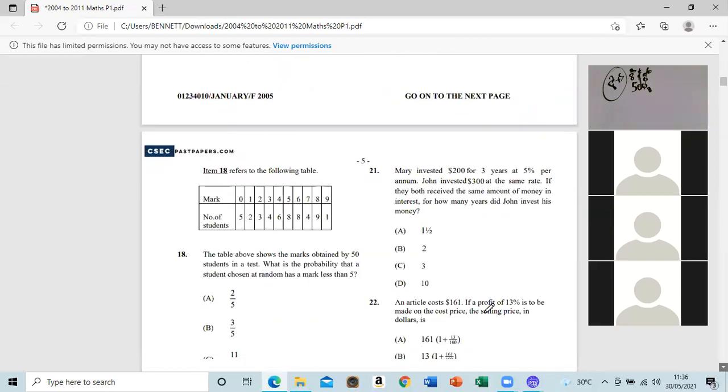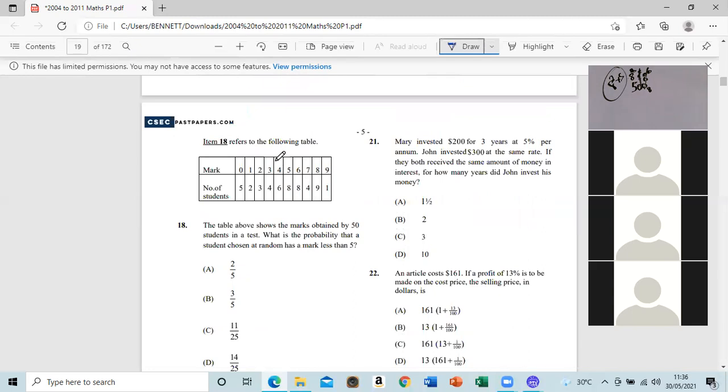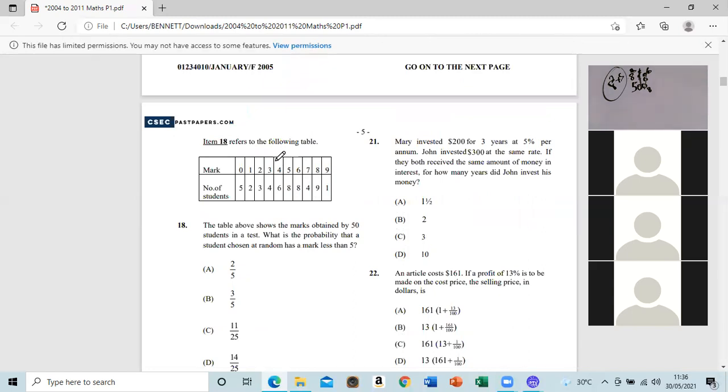Statistics now. All right, so look at the diagram. You refer to the table, right? The table above shows the marks obtained by 50 students in a test. So they give us the total, which is 50 students. What is the probability that a student chosen at random has a mark less than 5? First, we have to identify the mark of 5, which is right here.